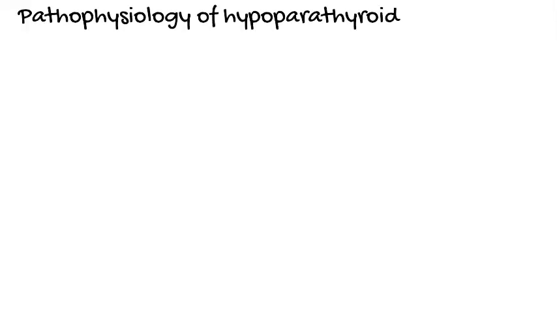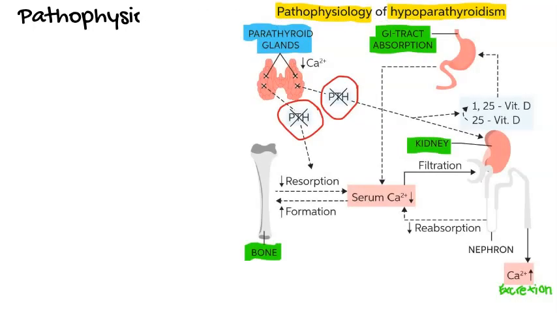Regarding the pathophysiology of hypoparathyroidism, it starts off at the parathyroid gland itself, which is unable to secrete the parathyroid hormone. Then the action in the bone is reduced resorption and increased formation, whereby the serum calcium level will be low or drop.